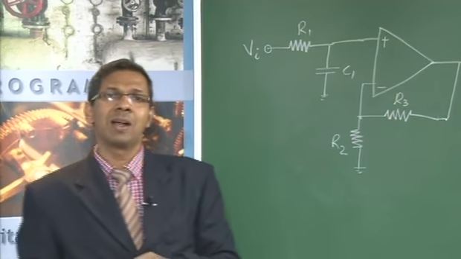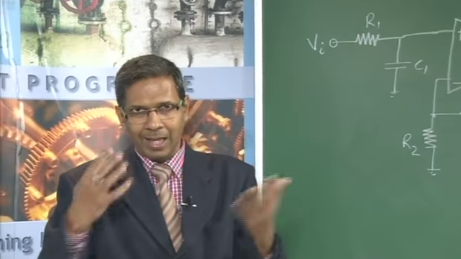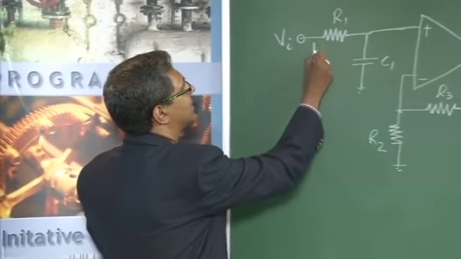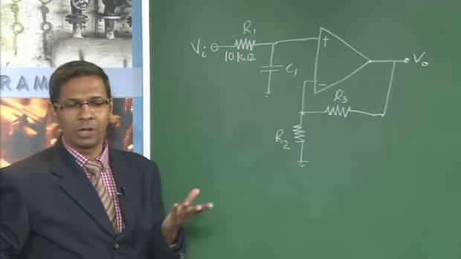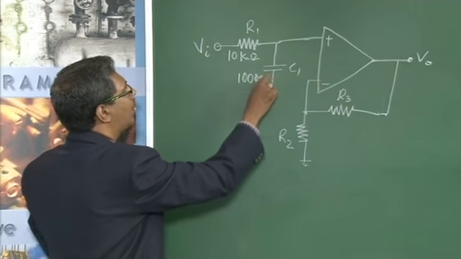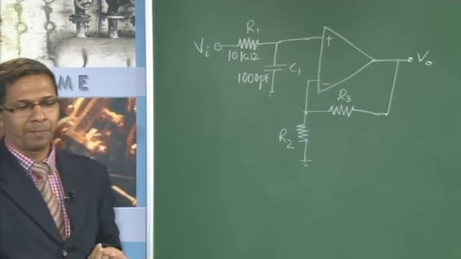In this worked example, we give you the values of the R's and the C's and ask some very typical questions. So let us see what the values of these resistors are. This one is given as 10 kilo ohm, and the capacitor is given as 1000 picofarad, right? So pico would be 10 raised to minus 12.